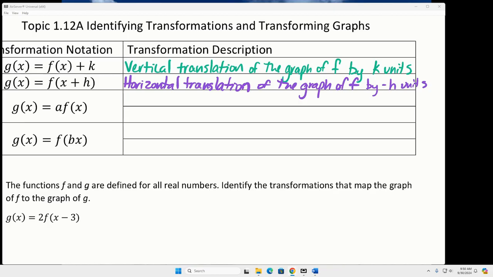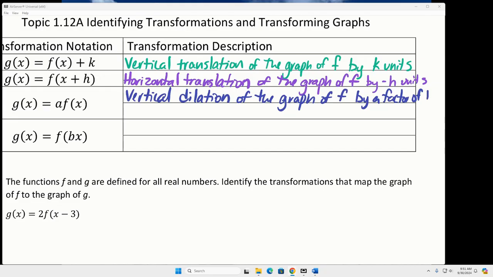So it's going to be a vertical dilation of the graph of F by a factor of, now I'm going to put the absolute value of A, because Kennedy already mentioned what a negative does. So when you're deciding on that vertical dilation, you don't use the negative. You only use the positive version of the number.